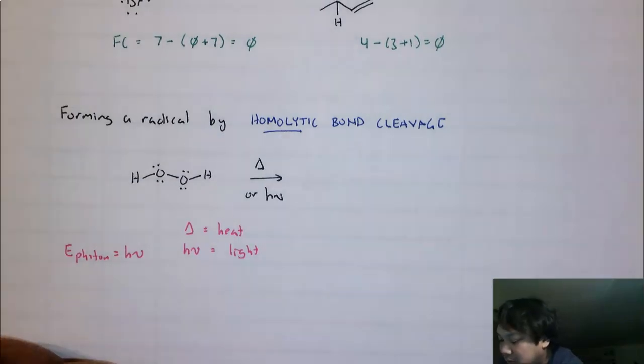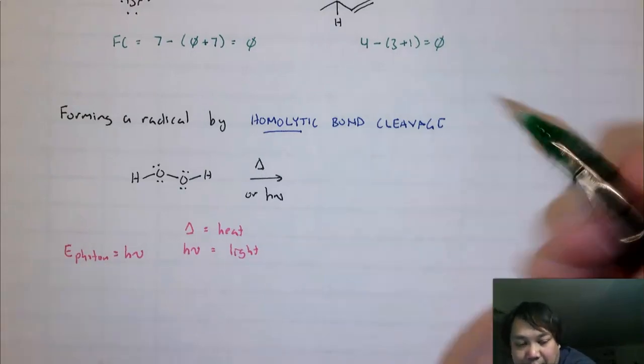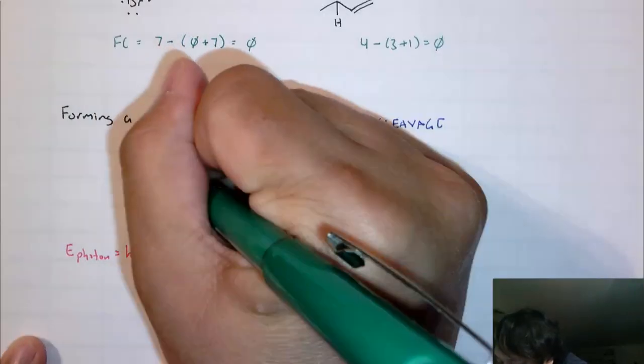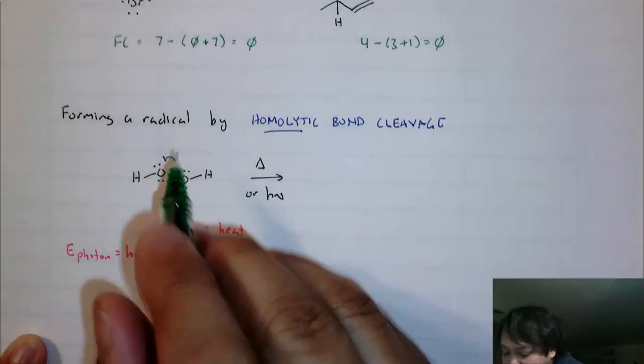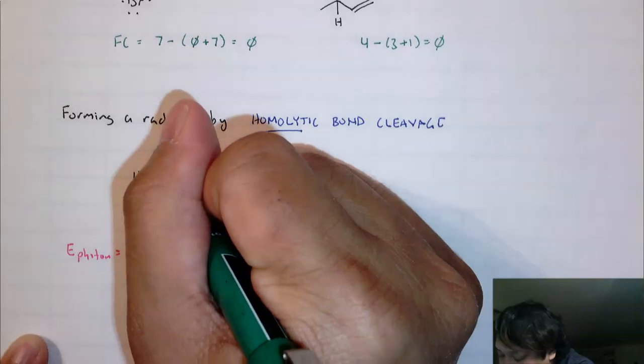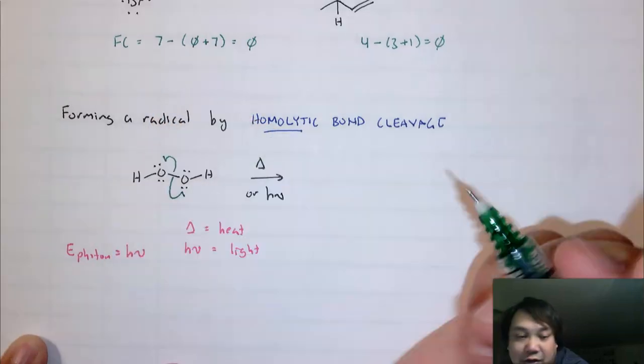Homolytic means that each atom of the bond gets 1 electron. So look how I'm going to do this. I take 1 electron from the bond and put it directly onto the oxygen on the left, and 1 electron from the bond and put it on the oxygen on the right.